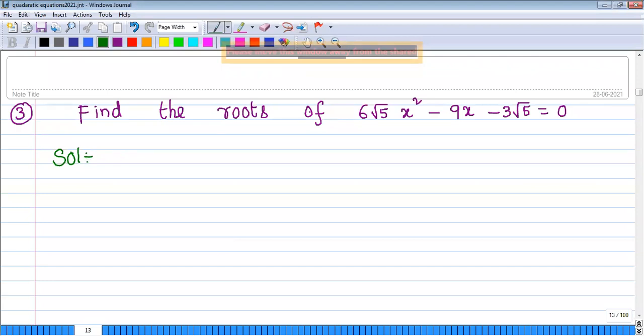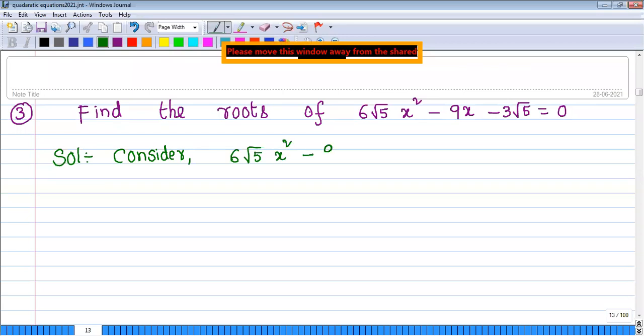Minus or root 5 by 2. Good. Consider 6 root 5 x square minus 9x minus 3 root 5 equals to 0.